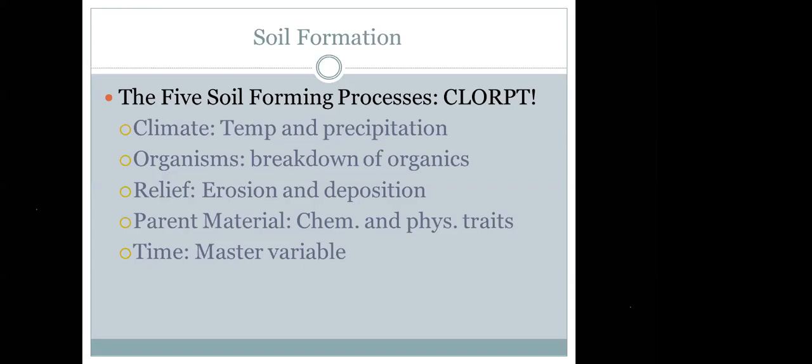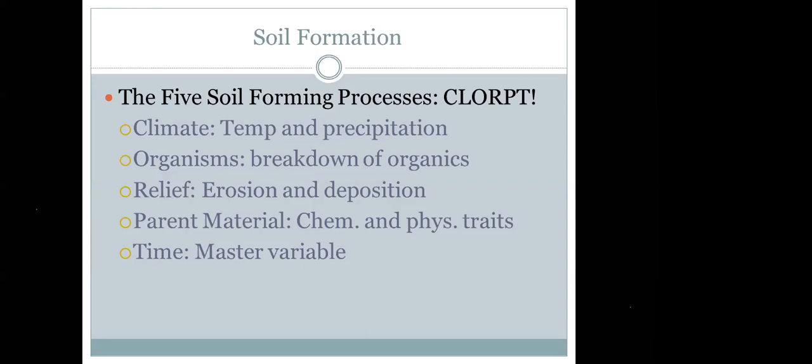Generally speaking, hot, wet climates tend to have very weathered soil, very deep soil, not necessarily very fertile soil though, because as water passes through the soil, as rain, as snow, as any form of precipitation, it tends to leach things out. As you build up a lot of acids in the soil, materials tend to break down faster, and bases that are important for soil growth, like calcium and magnesium, tend to wash out of the soil.